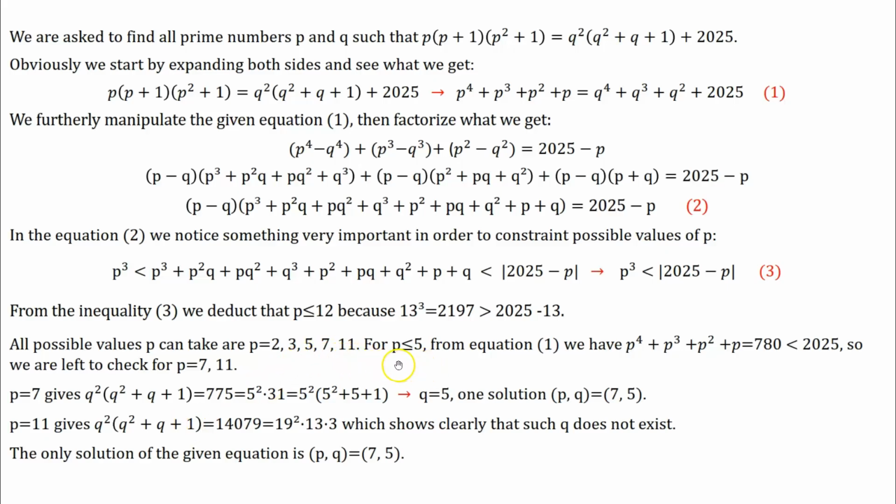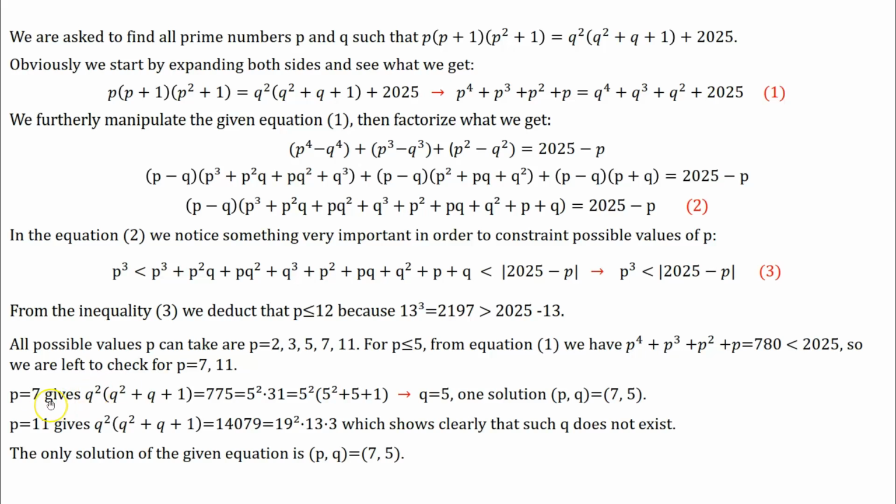But again, for p smaller than or equal to 5, from equation number 1, the value of the left-hand side is at most 780, which is smaller than 2025 and even smaller than 2025 plus a positive term. So we say that p cannot be smaller than or equal to 5. We are left to check only two cases: when p is equal to 7 or when p is equal to 11.